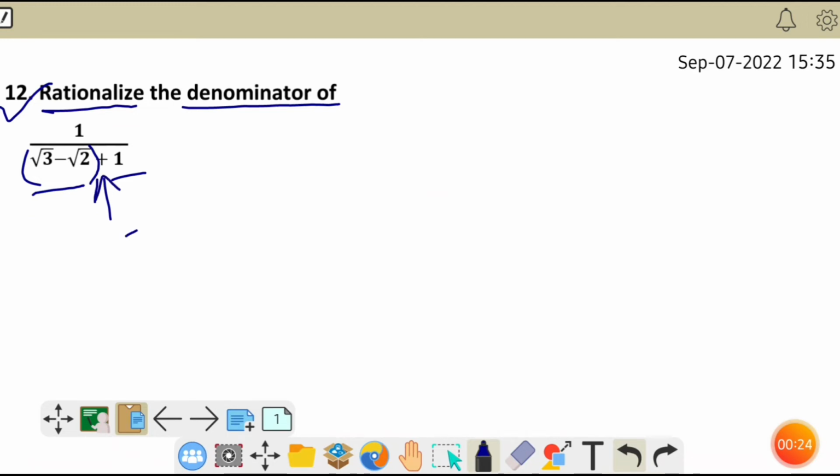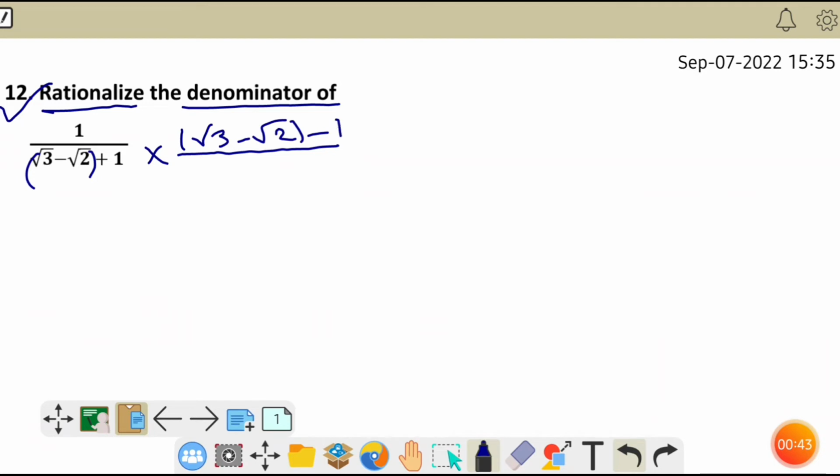So here we are separating root 3 and root 2 and taking the opposite sign minus. So let's solve it. The rationalizing factor will be root 3 minus root 2 and the opposite sign, that is minus 1. In the denominator also, root 3 minus root 2 minus 1.